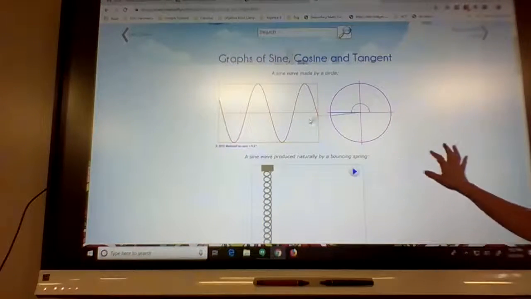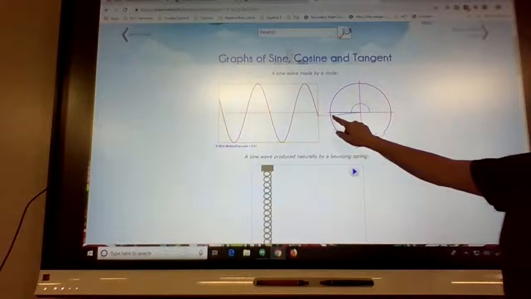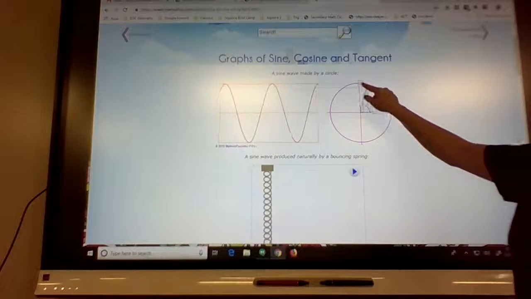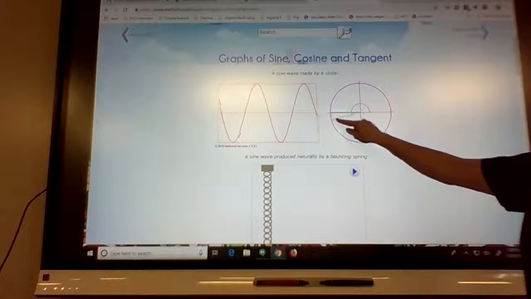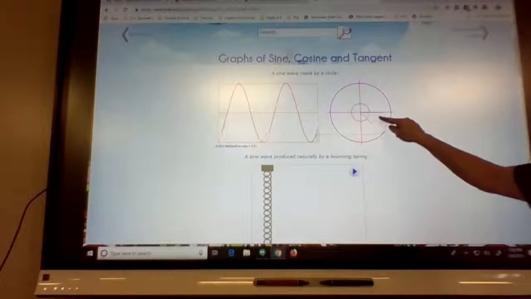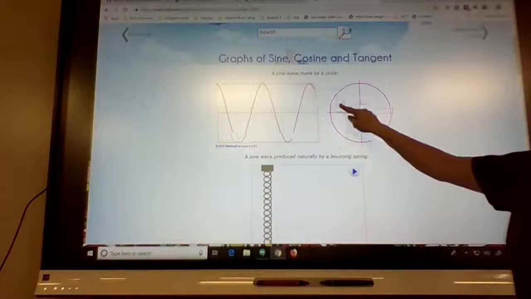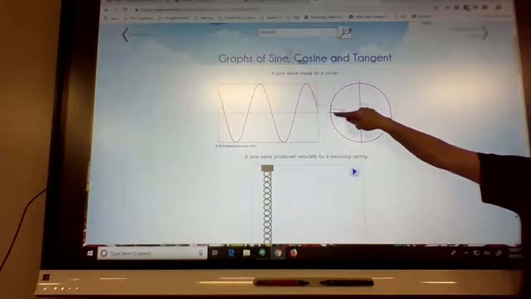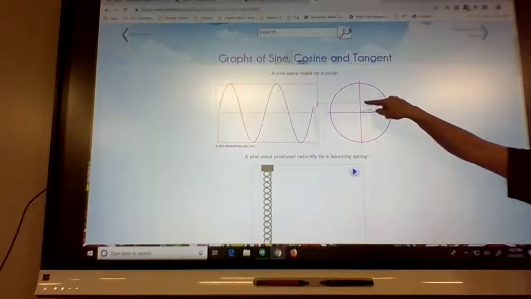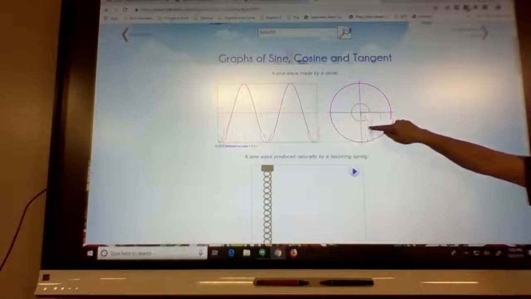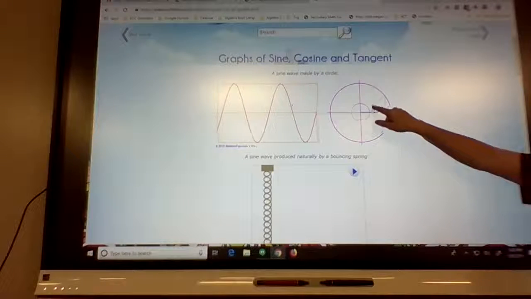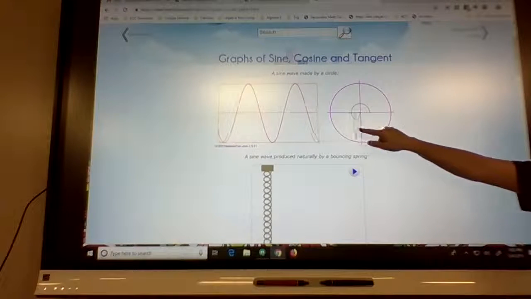Okay, so if you continue to go around the circle, it just does the same thing. So every time it goes around the circle, that's one period.